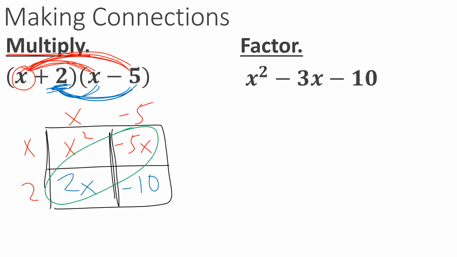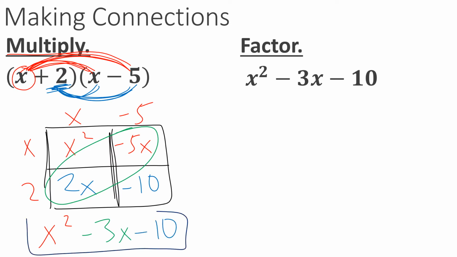So we combine like terms, and we end up with our answer of x squared minus 3x minus 10. That was our answer. We multiplied those two binomials together.